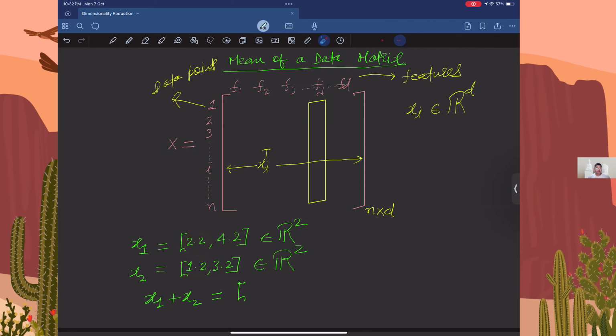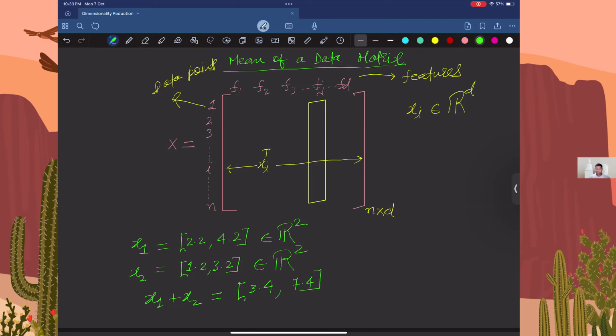This is called component addition. I add the first component of x1 and the first component of x2, and I get 3.4. Similarly, if I do the component addition of the F2 feature, I will get 7.